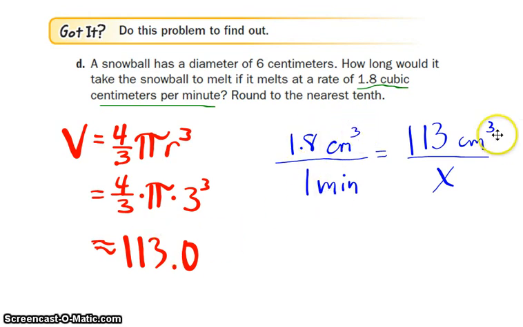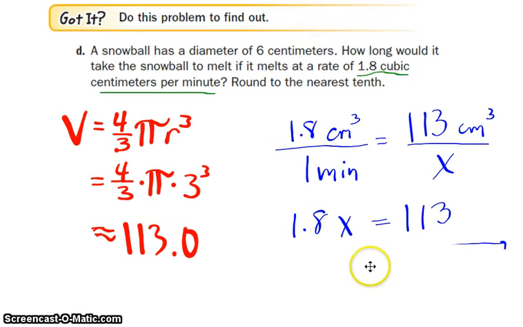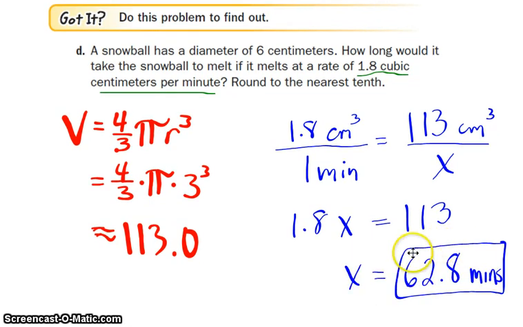Our other volume is 113, and if you put 0.0 on there, that's fine. We want to know how many minutes it's going to take, so minutes are on the bottom and cubic centimeters are on top. Let's cross multiply. Then we divide both sides by 1.8. It's going to take approximately 62.8 minutes to get that snowball to melt.